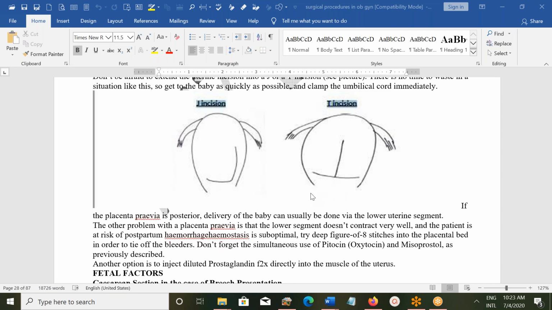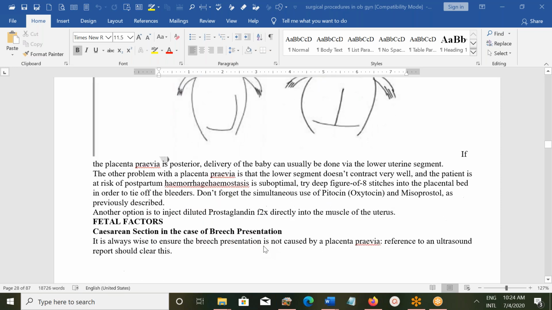Because the surface of the uterus was irregular. Maybe there was some previous surgery, like D&C, or maybe there was some fibroid and uterine artery embolization was done. After that the surface will be irregular and will not undergo contraction, and your patient can bleed a lot. That is the problem at the time of cesarean section.